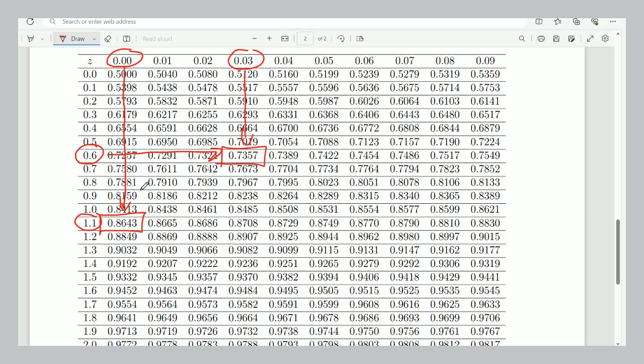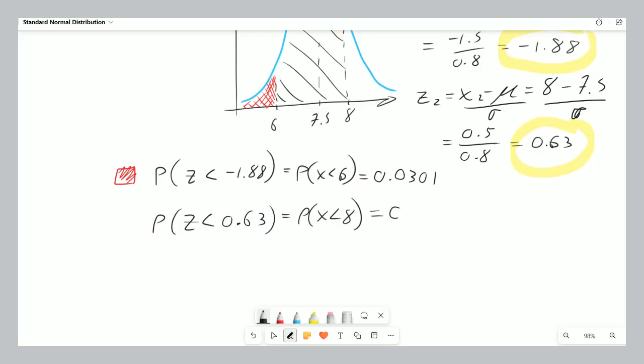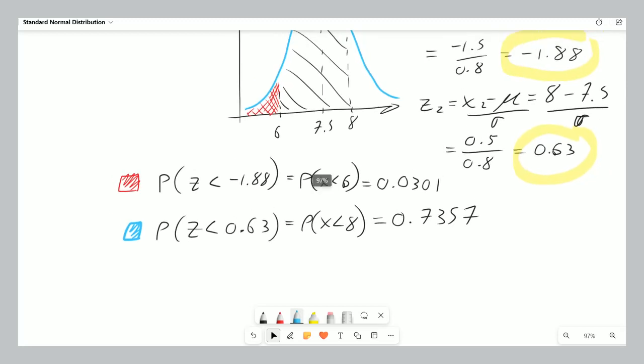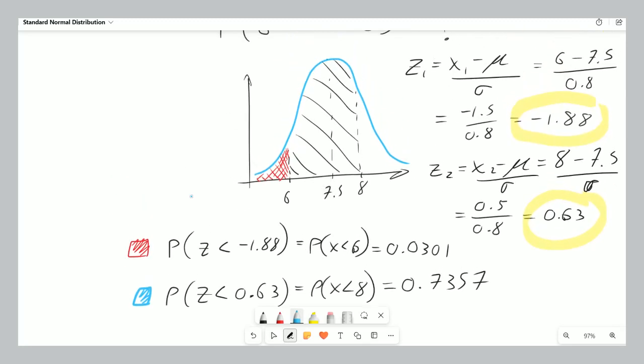And we have 0.7357. And that is this area right here. It's the area under the curve that is less than 8.